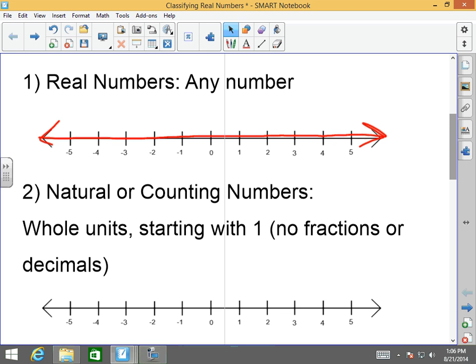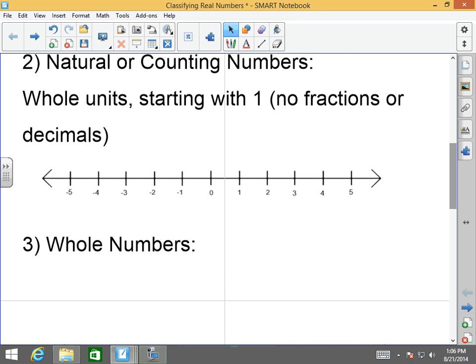They are only numbers that are whole units starting with 1. So for example, if we look at the natural numbers on a number line, we're talking about 1, 2, 3, 4, 5, and so on. All of the whole units starting with and including 1. Now, those are natural numbers.